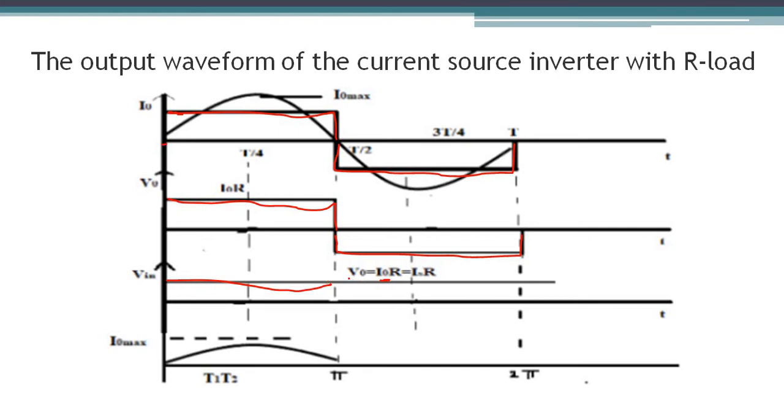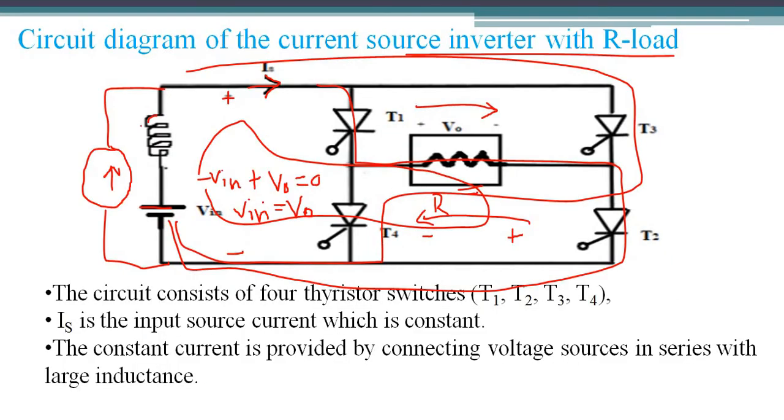And during the period from T by 2 to T, the thyristors in triggering mode are T3 and T4. Now T1 and T2 are in open circuit, T3 and T4 are in closed circuit.